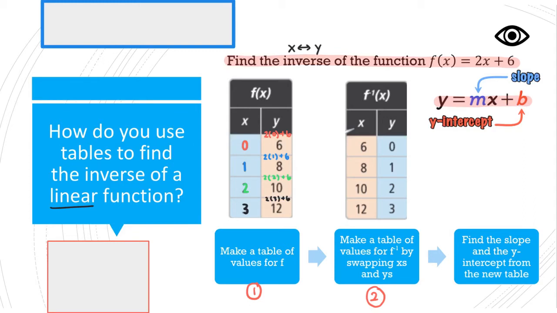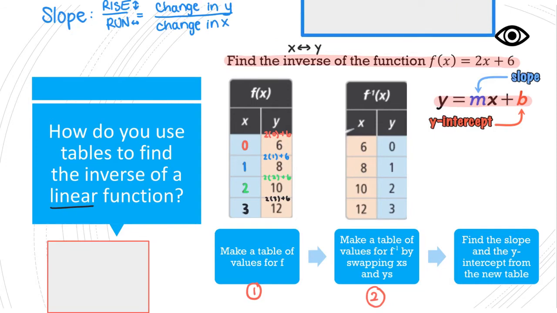Now for some of us that's going to be a little bit rusty in our mind, so let's review a couple concepts. First off, our slope is rise over run, and rise is how much we go up and down, or the change in our y's, and our run is our side to side, or our change in our x's.